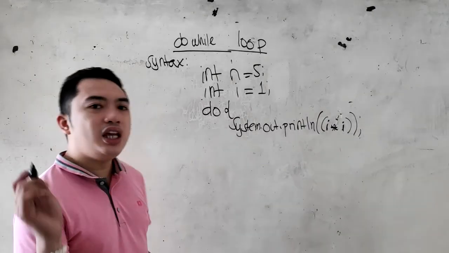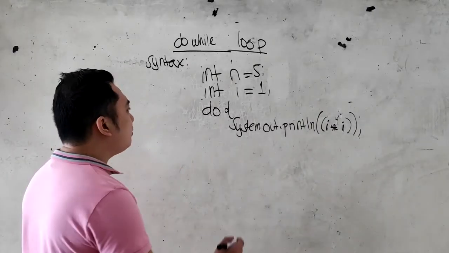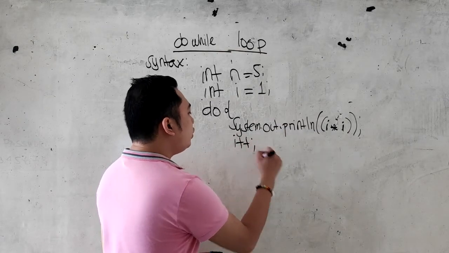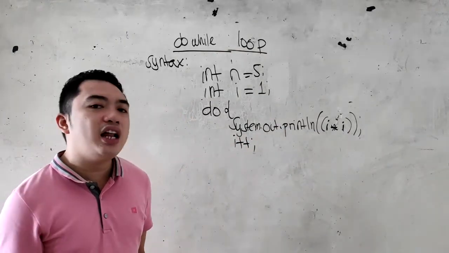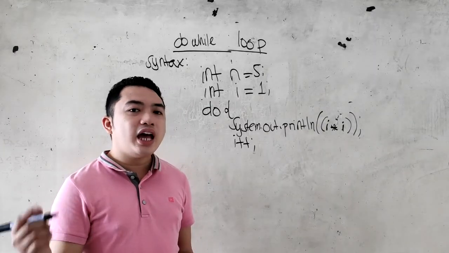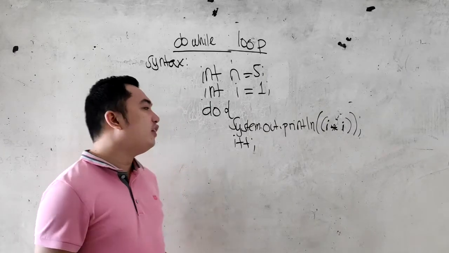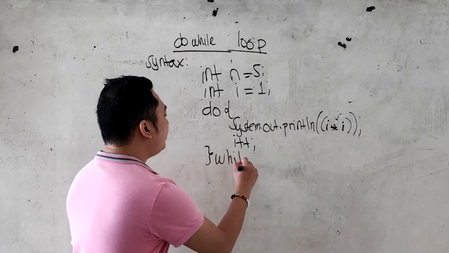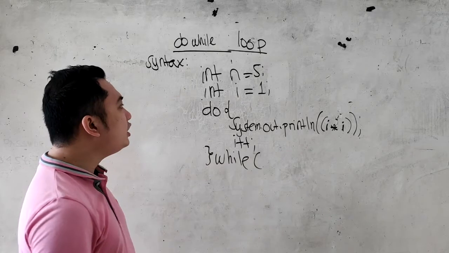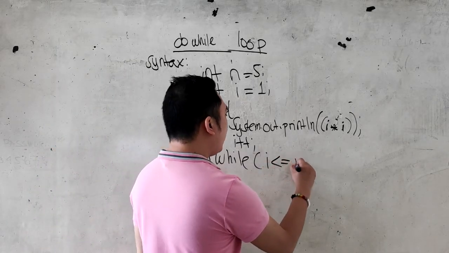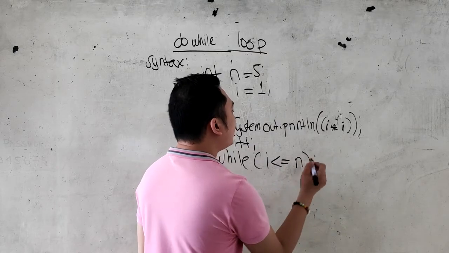And we need an increment statement, i plus plus, in order to add 1 to the value of i. And then write while, and then our condition. Our condition here will be i is less than or equal to n, which is basically 5, and then a semicolon.